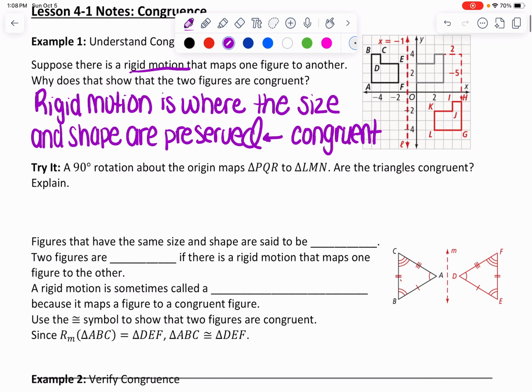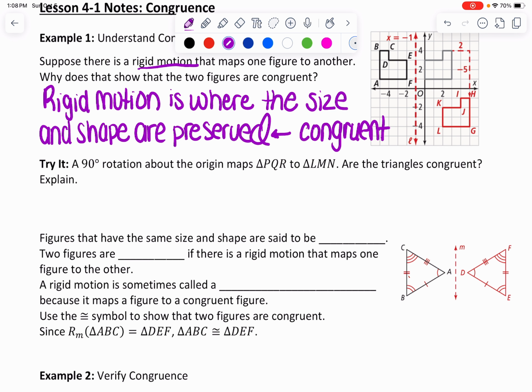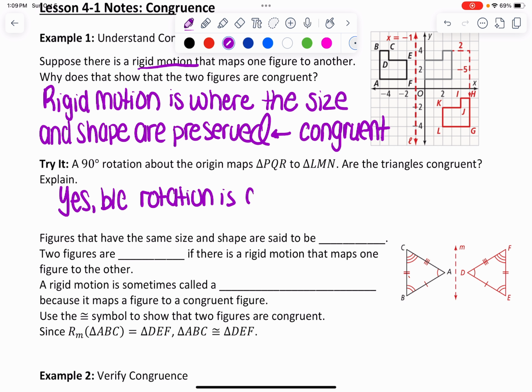So let's just give an example of this. It says a 90-degree rotation about the origin maps PQR to LMN. Are the triangles congruent? It would be yes, because rotation is a rigid motion, and from what I discussed before, in a rigid motion the size and shape stay the same.